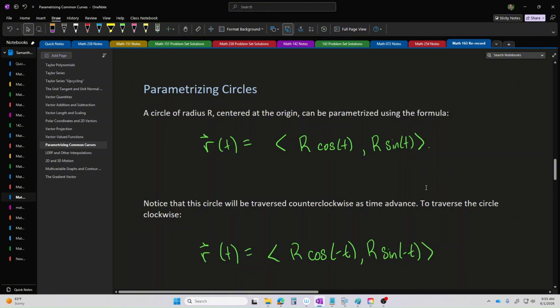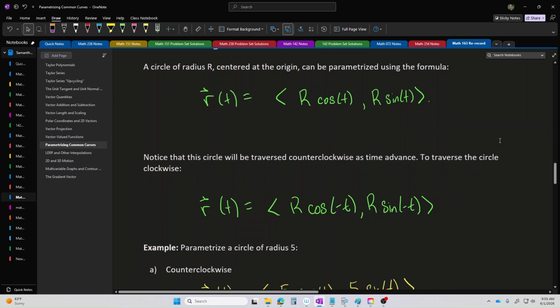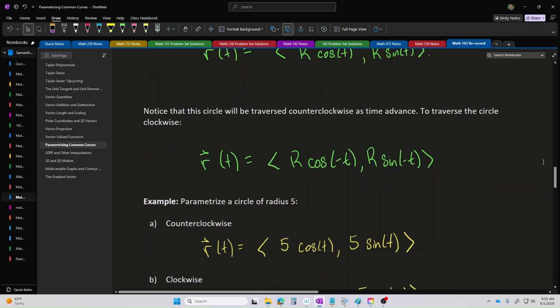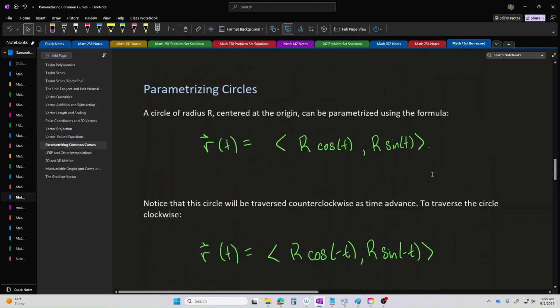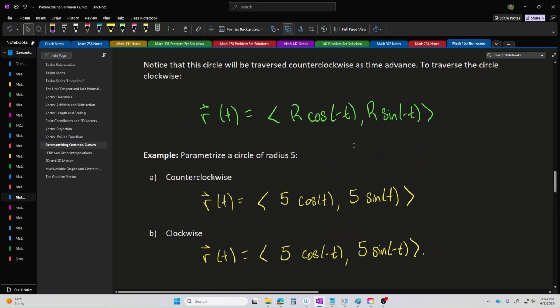And then if you need to parameterize other circles or other portions of circles, you can do that by just manipulating this basic template in various ways. For example, if you need to traverse the circle specifically clockwise over time instead of counterclockwise, then you can do that by making the t's negative and applying a minus sign to those inputs.